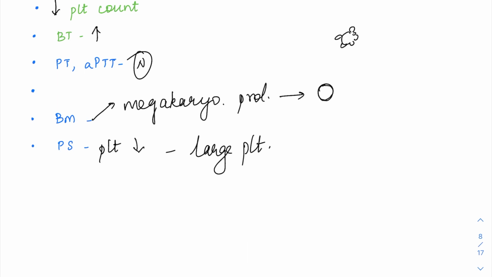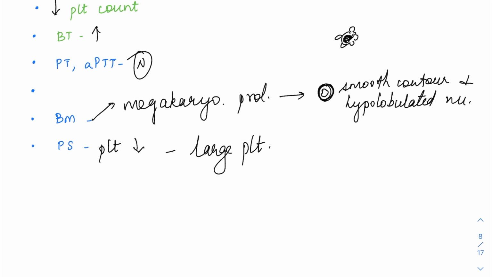But here, there is going to be a smooth surface of these megakaryocytes along with a hypolobated kind of nucleus. Normally, megakaryocytes are going to have a multilobated nucleus. So smooth contours along with a hypolobated nucleus.